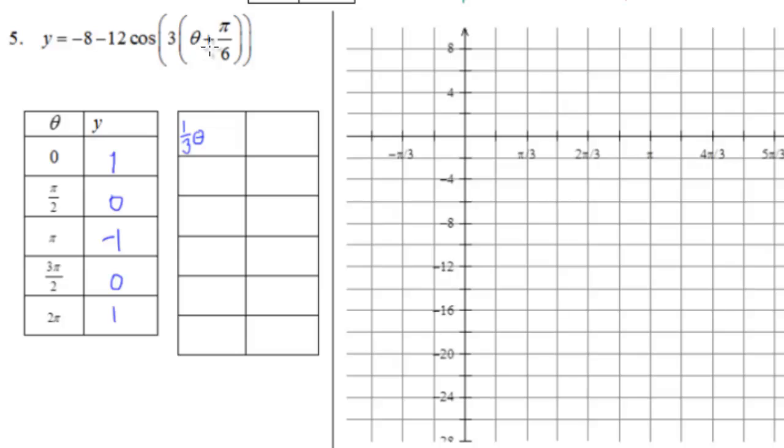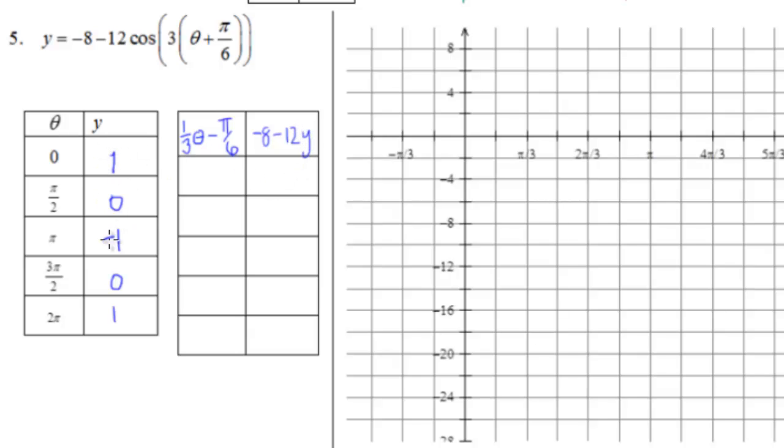And I need to undo adding pi over 6, which will be minus pi over 6. Notice here I would deal with the pi over 6 first and then the 3. So here I'm dealing with the 3 first and then the pi over 6, reversing the operation and the order of the operations. So then this will be negative 8 minus 12 times y.